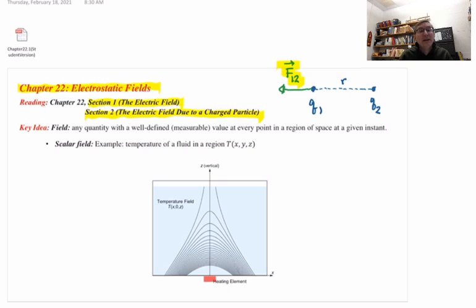Newton grappled with the same question in the gravitational case. If I have 2 particles with masses m1 and m2, then each exerts a gravitational force on the other, even if they're not touching. Or the sun exerts a gravitational force on the earth, and they're not touching. Newton really grappled with how that could be.